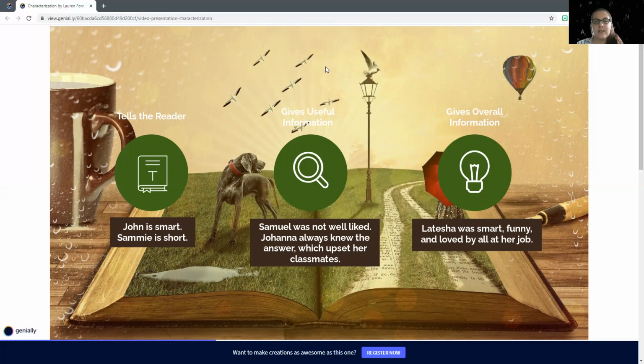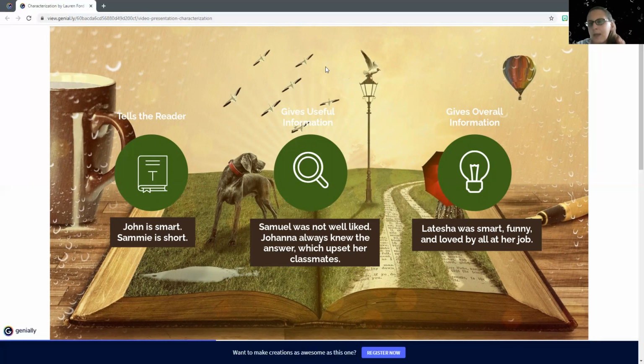That gives us direct information to understand about Letitia and kind of how she plays into different parts of the story. Now, direct characterization can be very specific and straightforward, like Joanna always knew the answer. And then it can kind of delve into the indirect at the same time, which upset her classmates.